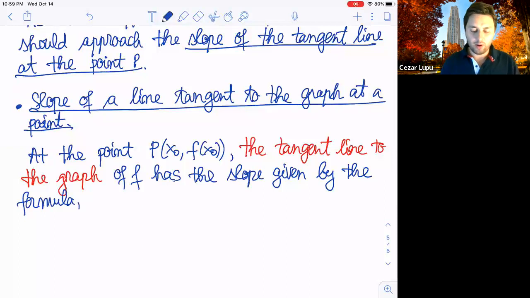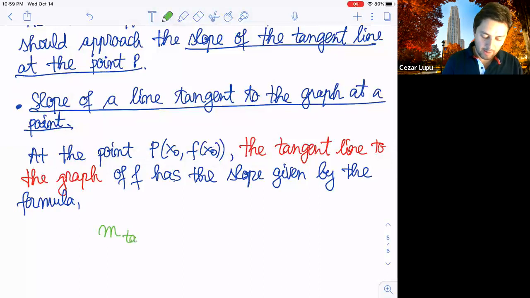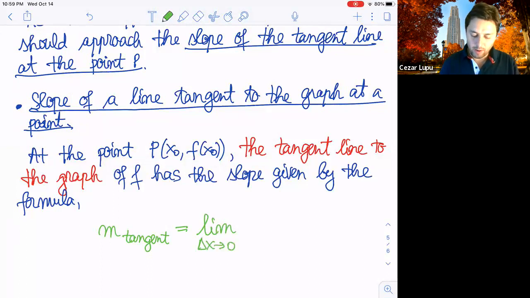And the formula is the following. So the slope of the tangent line, I'm going to denote it like this, m tangent. And this will be nothing else than just the limit as delta x approaches 0 of f of x naught plus delta x minus f of x naught, everything over delta x.